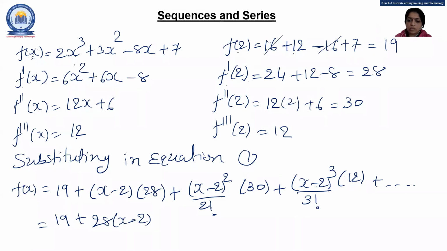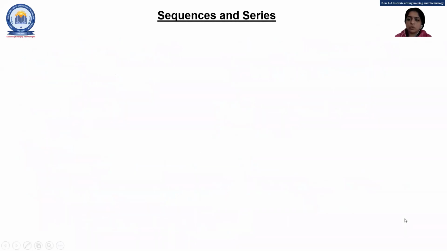Now this 2 factorial is 2. 30 by 2 is 15. So just put 15 into x minus 2 whole square. Similarly, this one is 12 upon 3 factorial. 3 factorial is 6. So 6 twos are 12. So 2 x minus 2 whole cube plus up to so on.